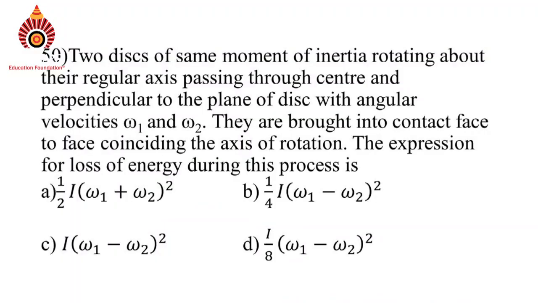Question number 15. Two discs of same moment of inertia rotating about their regular axis, passing through center and perpendicular to the plane of the disc, with angular velocity omega 1 and omega 2. They are brought in contact face to face coinciding the axis of rotation. Expression for loss of energy during the process is.